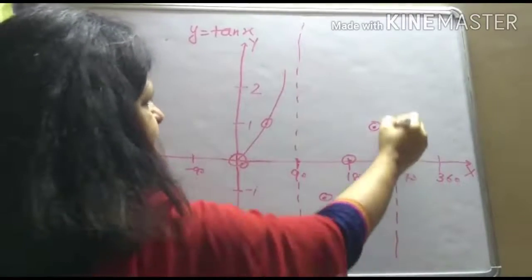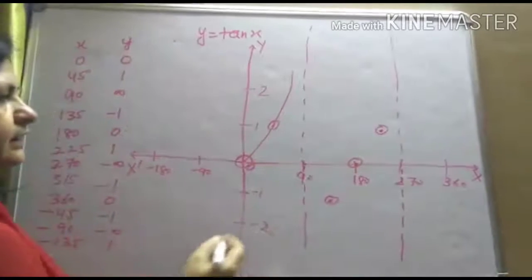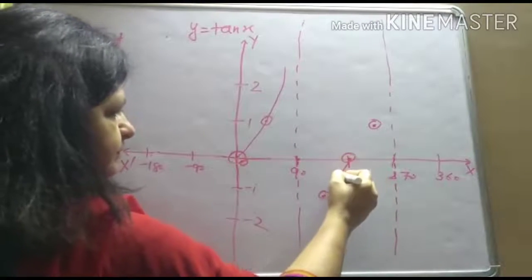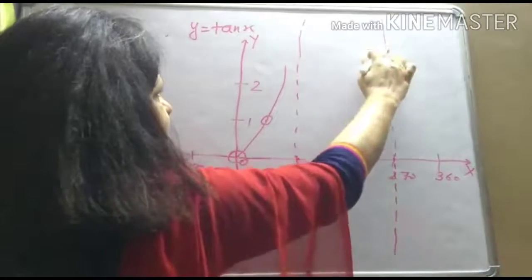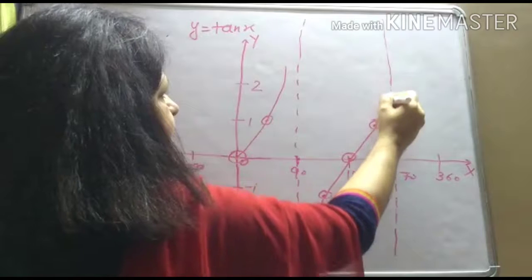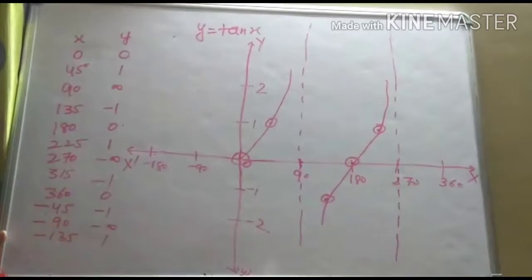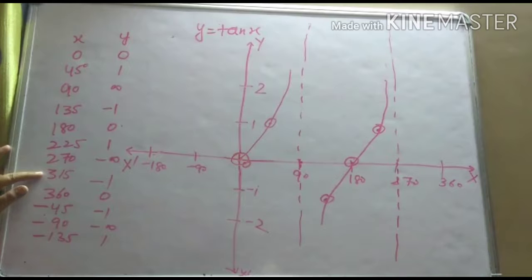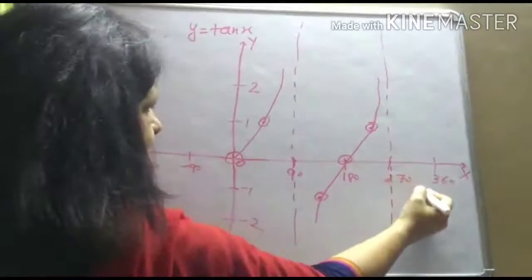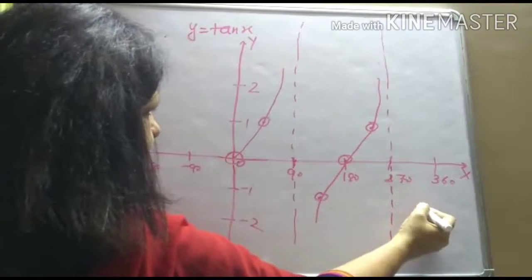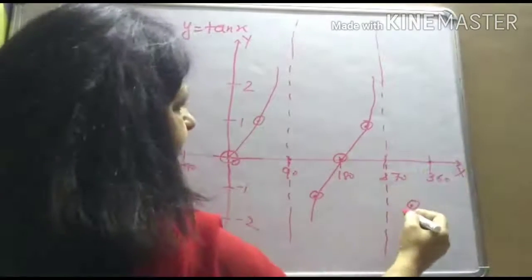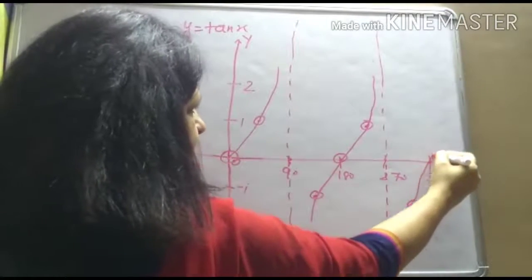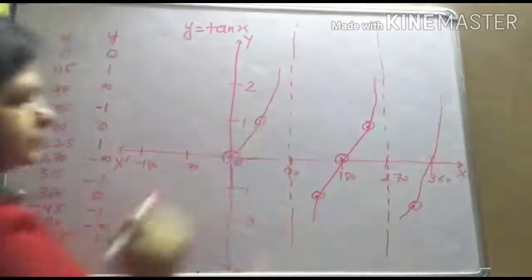So, at point 270, we will draw a dotted line and we can plot it as, now we have 315, that is minus 1. Now at 360 it's 0. Again it will come like this and so on.